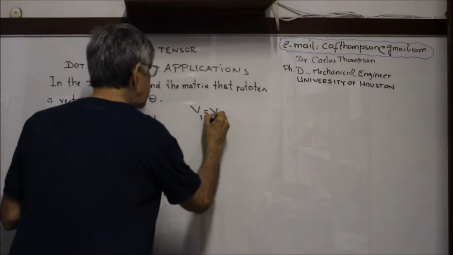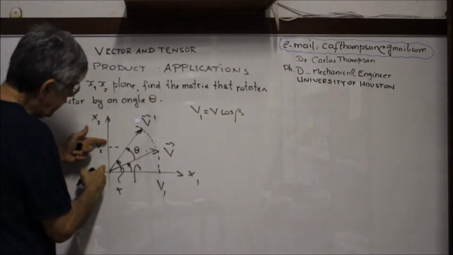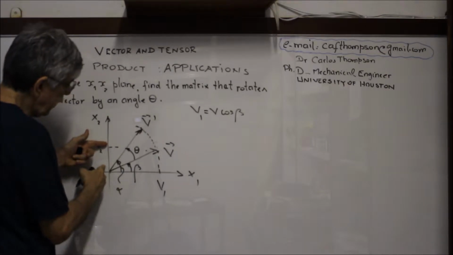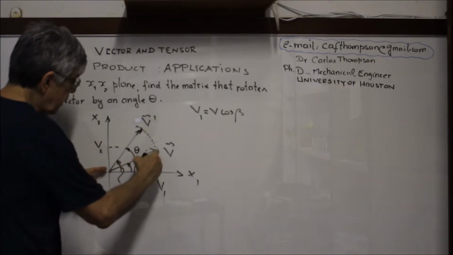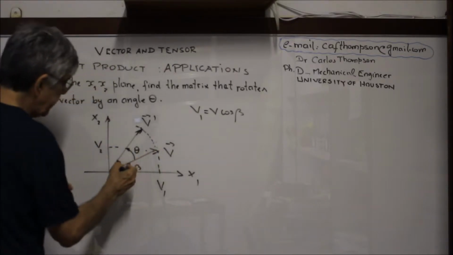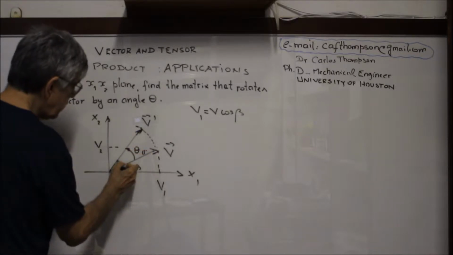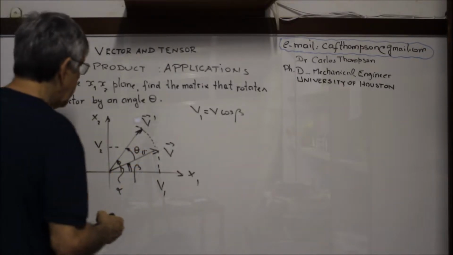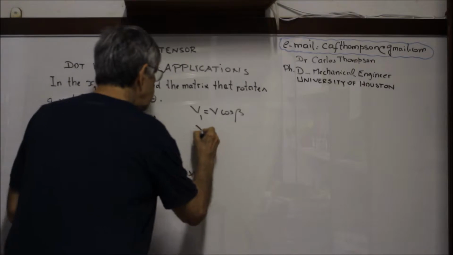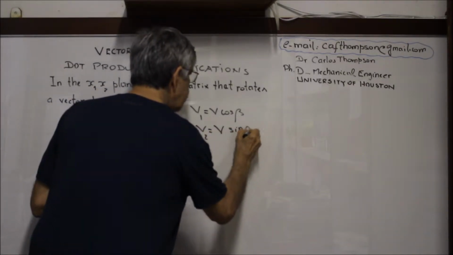Now, v2 is v times sine of beta. This is beta over here. Look, this angle here is equal to this angle here. So v2 is v sine of beta.